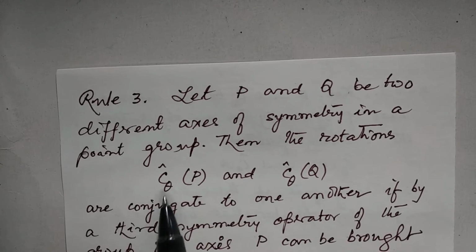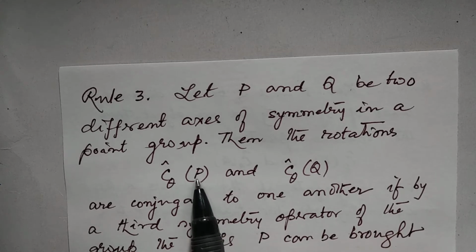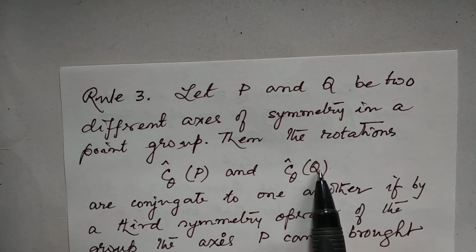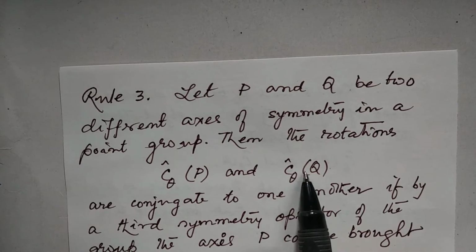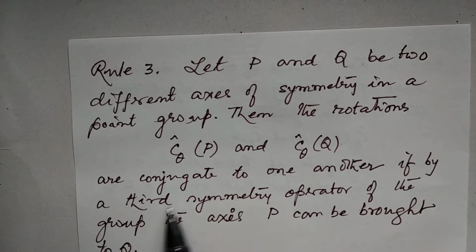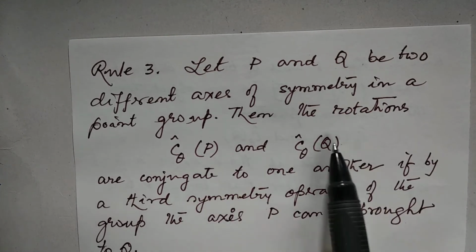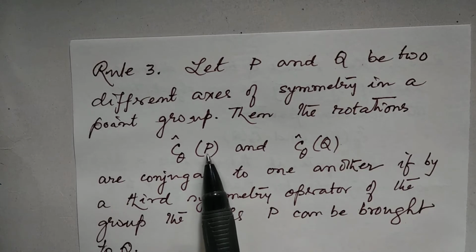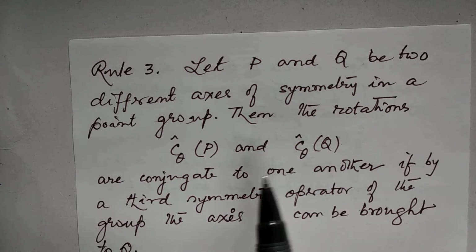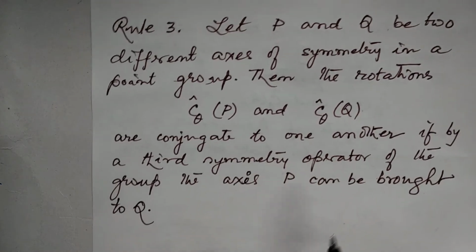Then the rotations C theta P, that is rotation through an angle theta about the axis P, and C theta Q, that is rotation about Q through the same angle theta, will be conjugate if by a third symmetry operator of the group we can bring the axis P to Q. We can make P coincide with Q by some other symmetry operation. Then these two rotations will be conjugate to one another. They will form conjugate classes.